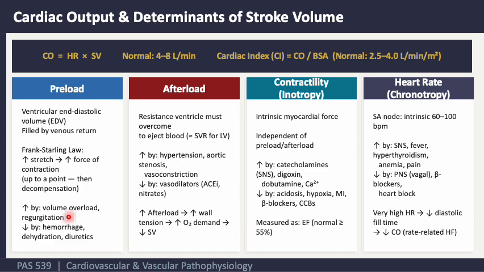And if blood has that retrograde flow, it's going to increase the volume in the right atrium, causes it to stretch, and then when it does contract, it's going to be a more forceful contraction. Now, preload can be affected negatively by dehydration, diuretics, as well as hemorrhaging.